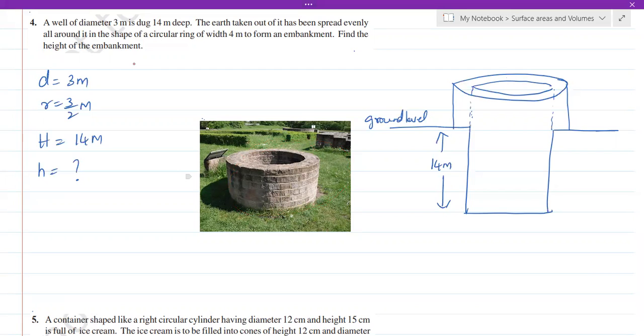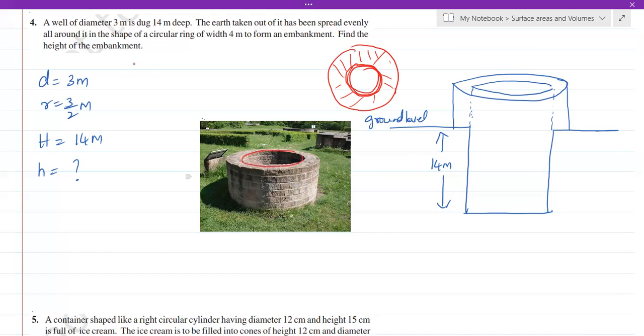Now, if you observe, the embankment looks like a circular ring. Let me draw the top view. You get an outer circle and an inner circle like this. And here you get stone and all that stuff. This is how it looks from outside. And this circle is the well.